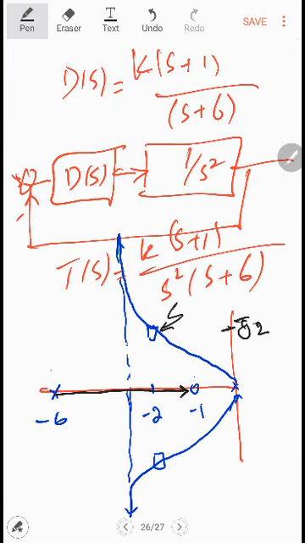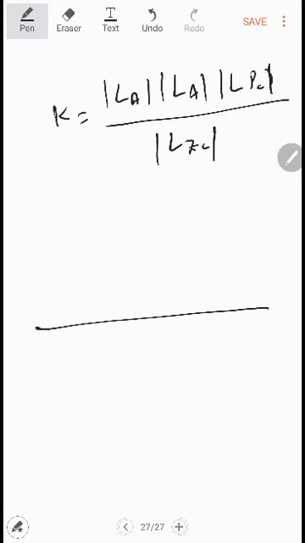Let me draw on the next page, this one. This is j2, this is minus j2.